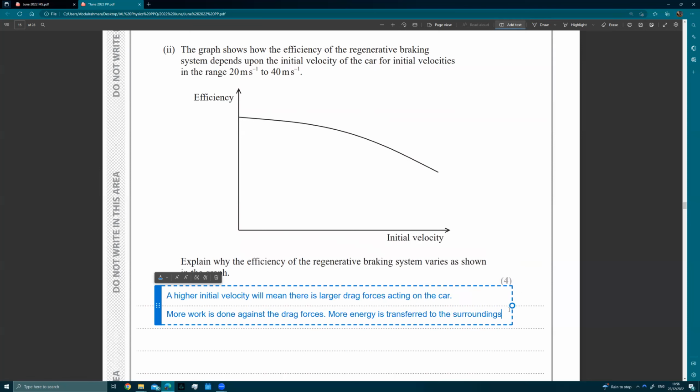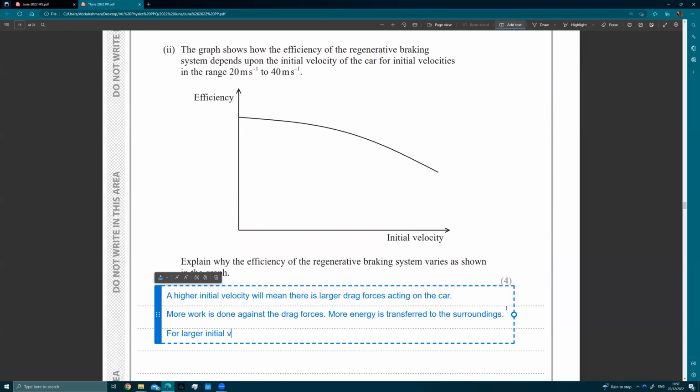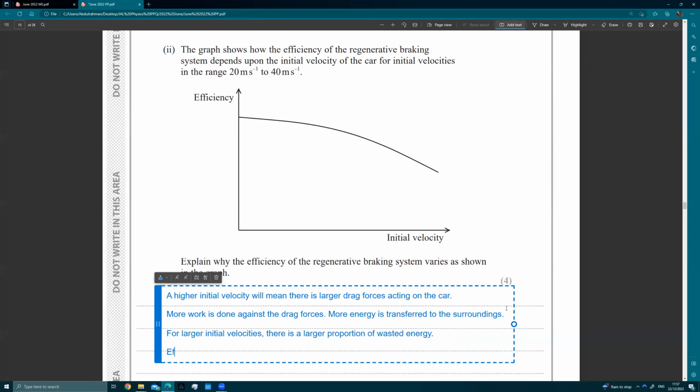So now you have more wasted energy if your velocity is larger. So we're going to say for larger initial velocities, there is a larger proportion of wasted energy. We're going to say that efficiency equals useful over total.